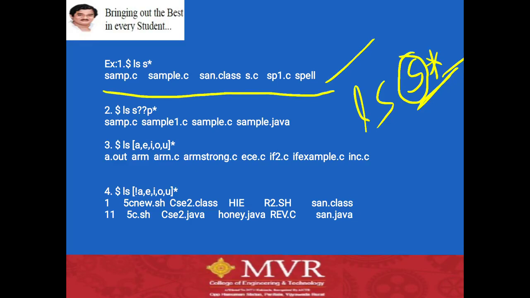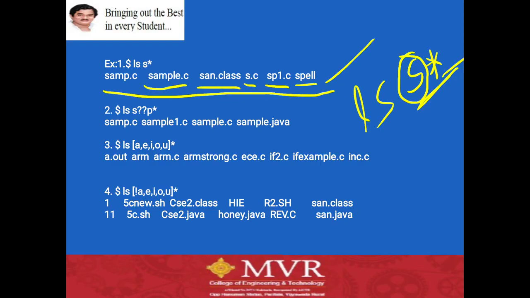Those are samp.c, sample.c, san.class, s.c, sp1.c, spell. These are all the files which have s as the first letter, and if you observe, they have different numbers of characters. samp.c has only 4 letters in the file name, sample has 6 letters, san.class, if you also consider the extension, has 7 or 8 characters. s.c has only one character, sp1.c has 3 characters or 4 with the extension, and spell has only 5 characters.